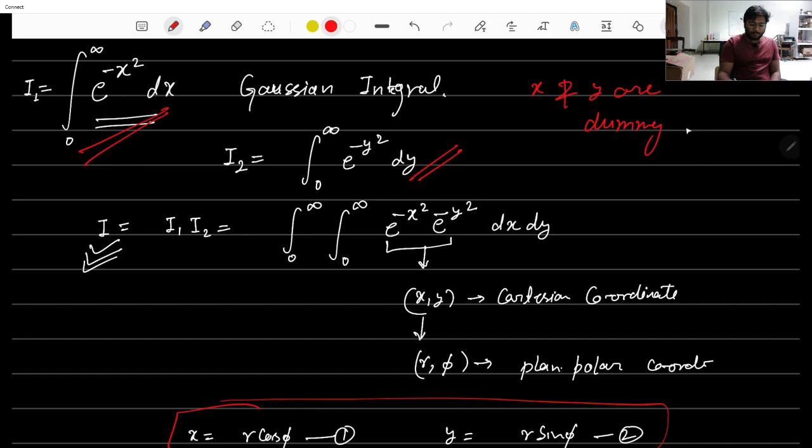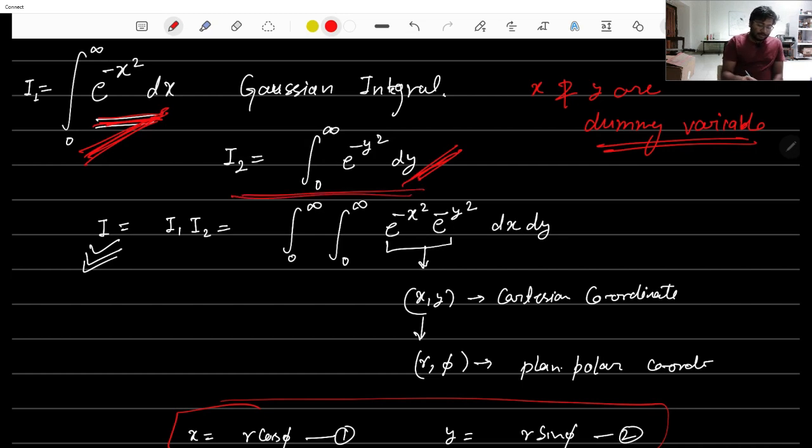What do you mean by dummy variable? Dummy variable means that if you do the integration, for I1 and I2, the final answer will be independent of x and y. Why? Because if you do the integration over dx and you put the limit of x from 0 to infinity, the value of I1 will be independent of x, and similarly the value of I2 will be independent of y. Hence, and the structure of both integrations is the same.